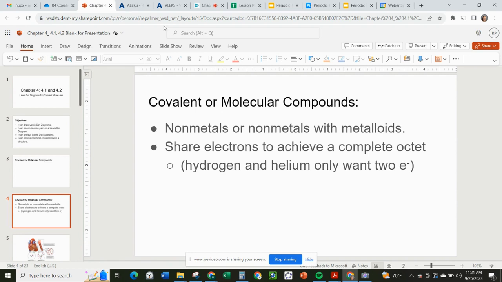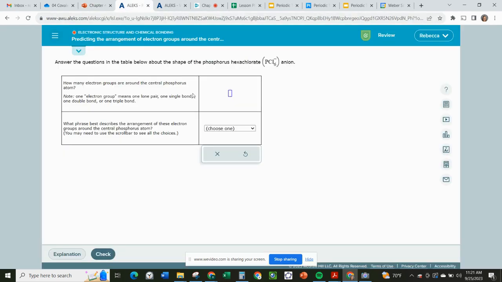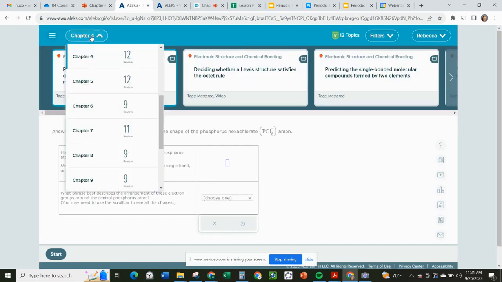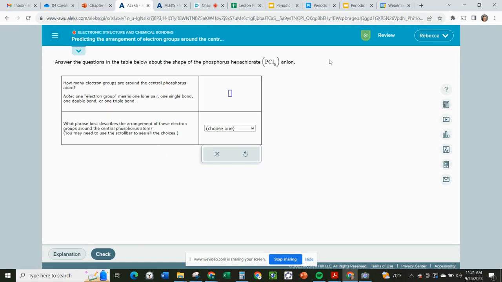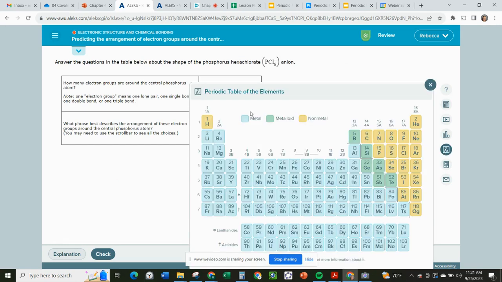So I wanted to show you in Alex. Let's see, if we go to Alex, in chapter 4, we can look. Chapter 4 has 12 topics. And as we go through these, we can use the periodic table. And remember, this will show you, so the blue ones are metals, these green ones are metalloids, the yellow ones are nonmetals.